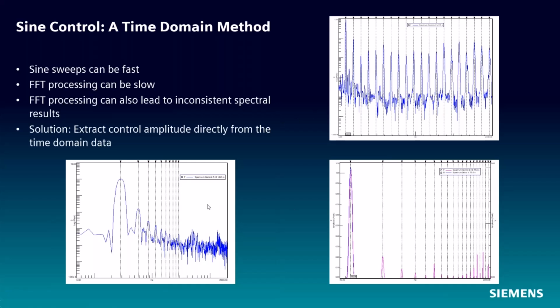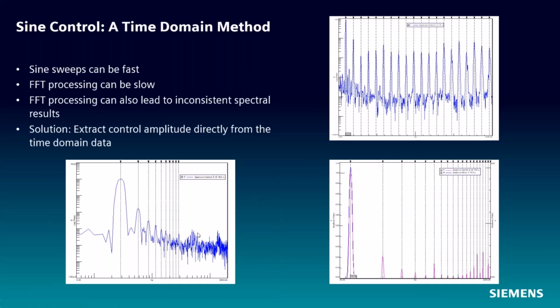And here's an example. If you looked at these spectra, Charles, what do you think? Do you think they all came from the same test, or do those look like different tests? That looks like it should be a different test. Yeah, that would be my assumption as well, that these data sets all came from different tests.